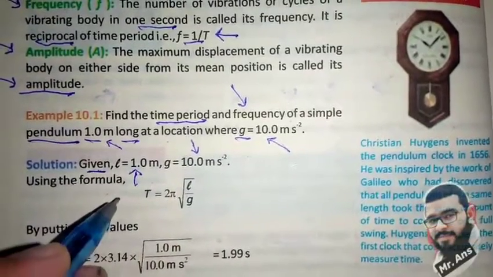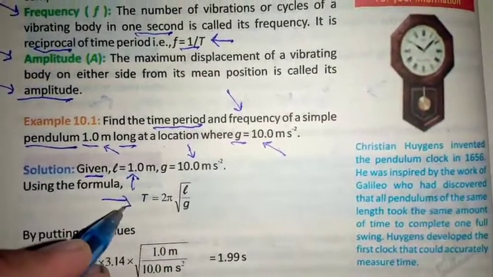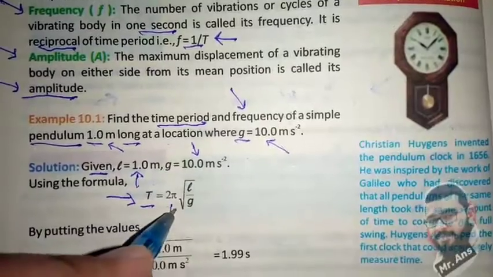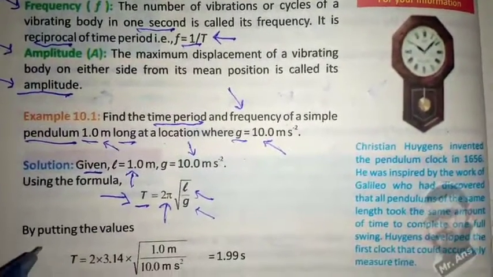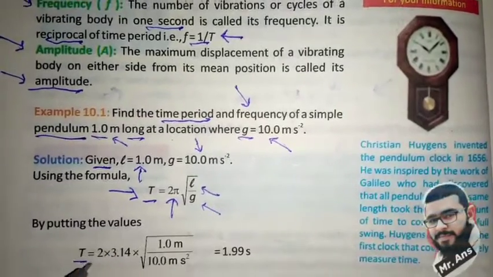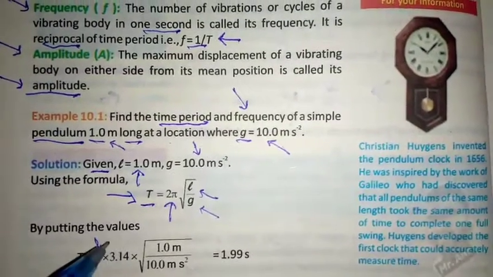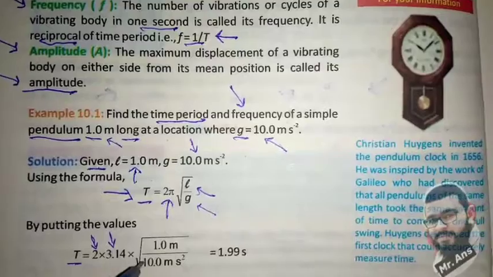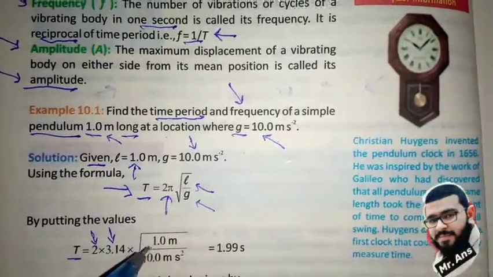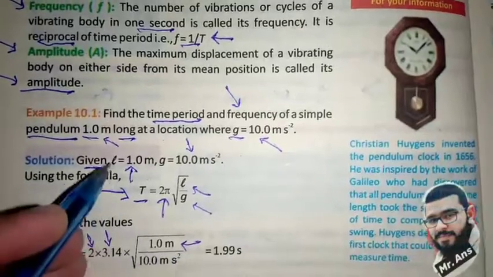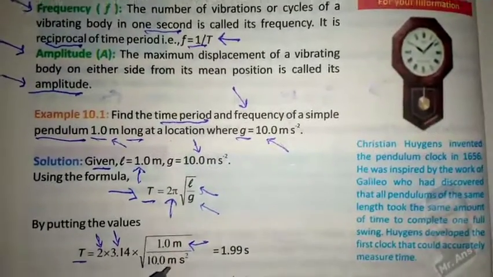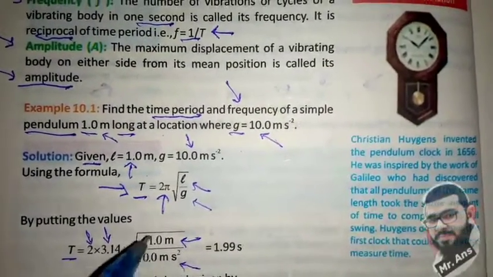So we know the time period formula: T equals 2 pi square root of L over g. Now we are putting in the values: T is equal to 2, pi is equal to 3.14, L is 1.0 length, and g is 10.